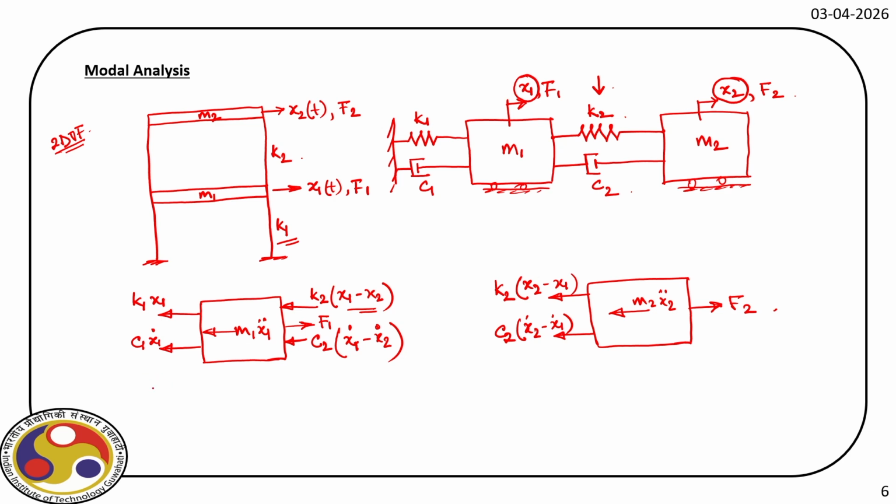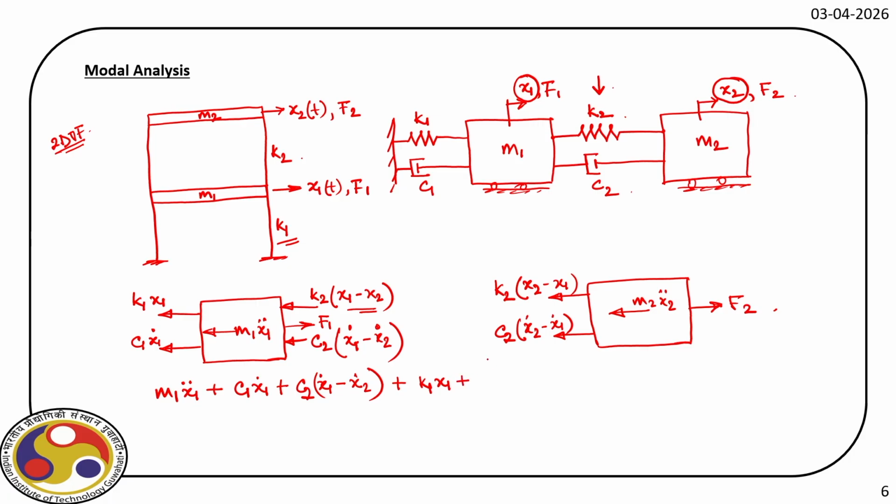Now if we apply equilibrium, for the first case we have m1 x1 double dot plus c1 x1 dot plus c2 (x1 dot minus x2 dot) plus, for the spring force, k1 x1.